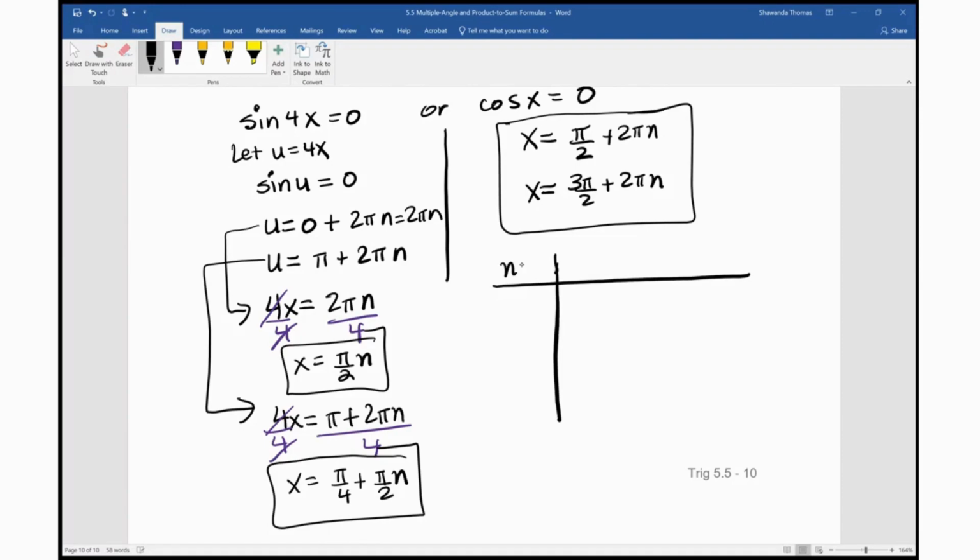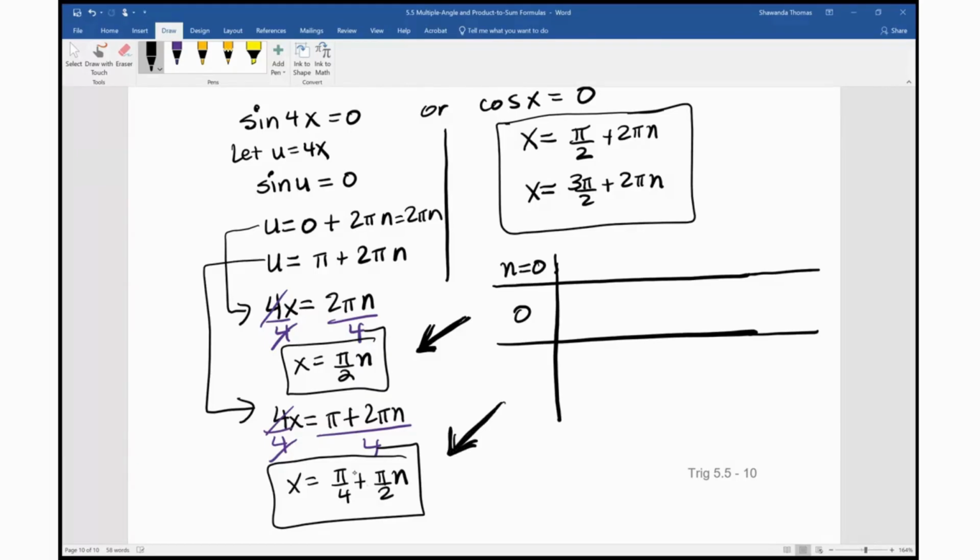If n equals 0, let's just look at this one here and this one here. If n equals 0 for pi over 2 n right here, what would x be if n was 0? 0.